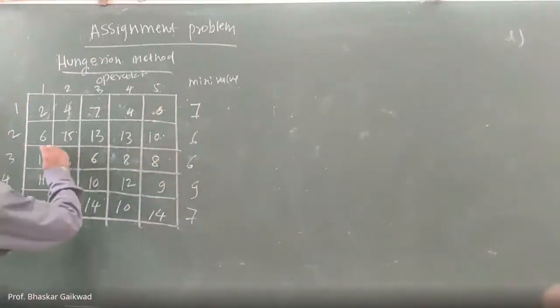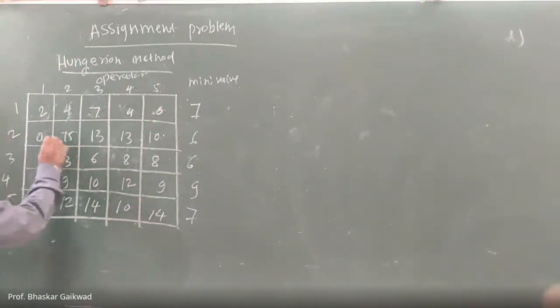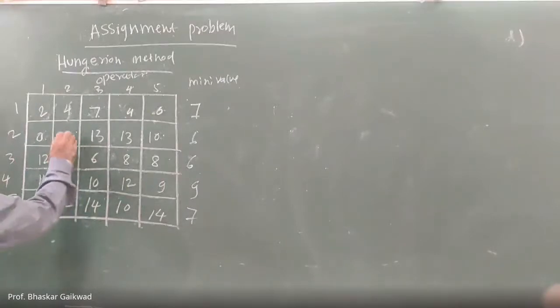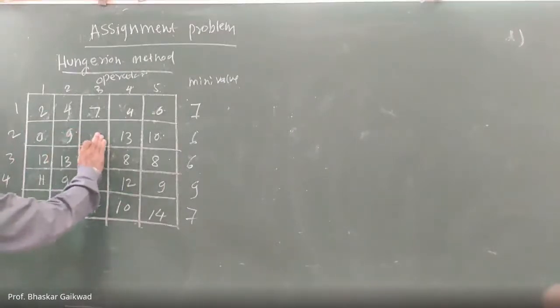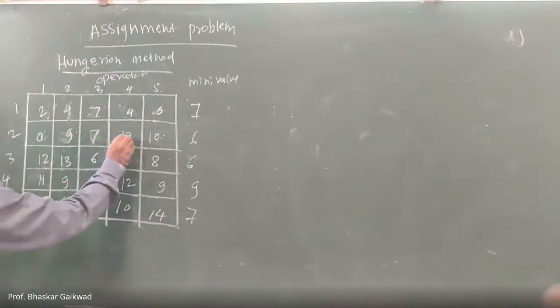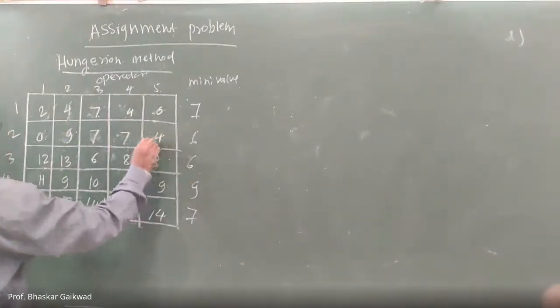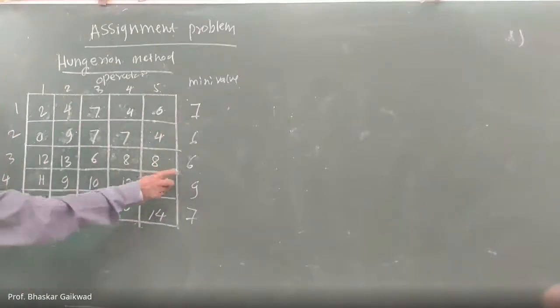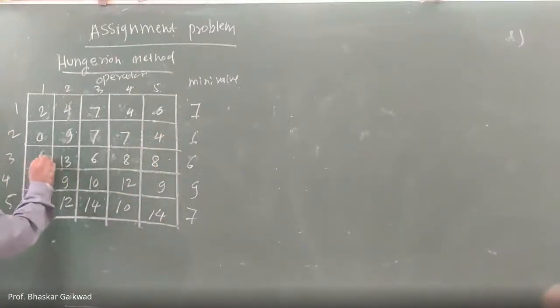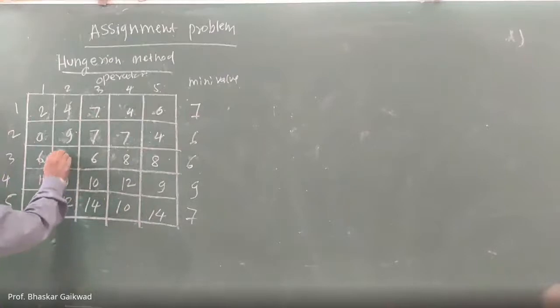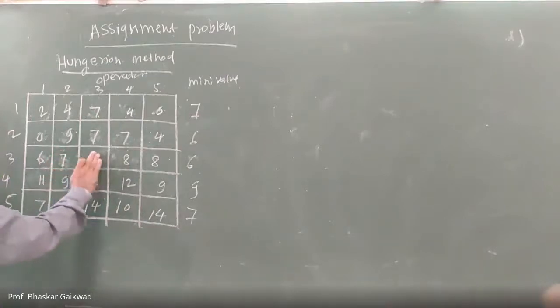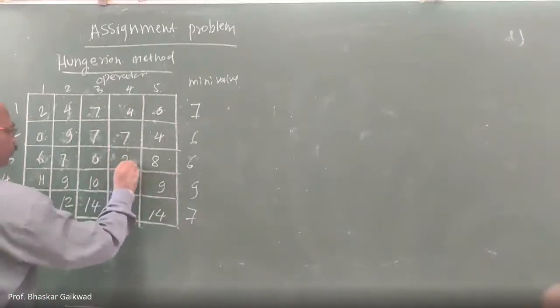Then 6 minus 6, 0. 15 minus 6, 9. 13 minus 6, 7. 13 minus 6, 7. 10 minus 6, 4. Then this value 12 minus 6, 14 minus 6, 7. 6 minus 6, 0. 8 minus 6, 2.